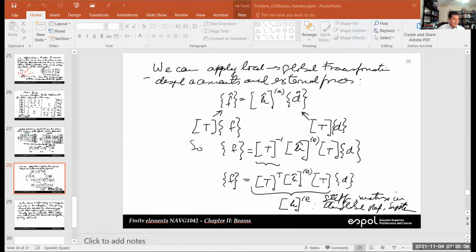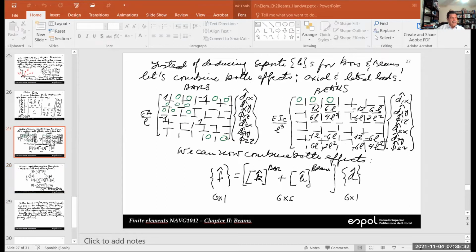This means that this is for one element, okay? This matrix here is a 6x6. And you don't need to remember that matrix. Somebody in the last problem had learned, putting in his memory, the full matrix.